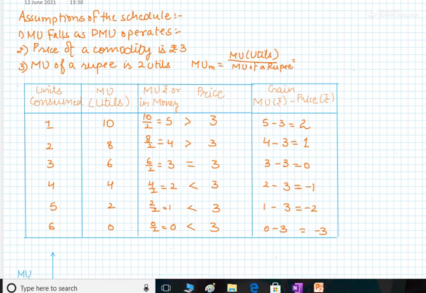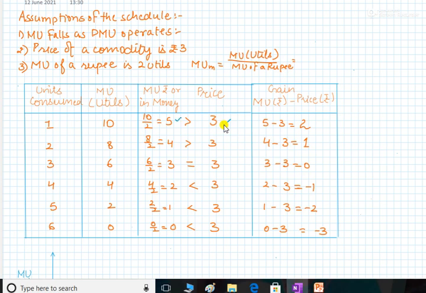What does it mean? It means that a consumer is paying rupees 3, but he is getting satisfaction equal to rupees 5.